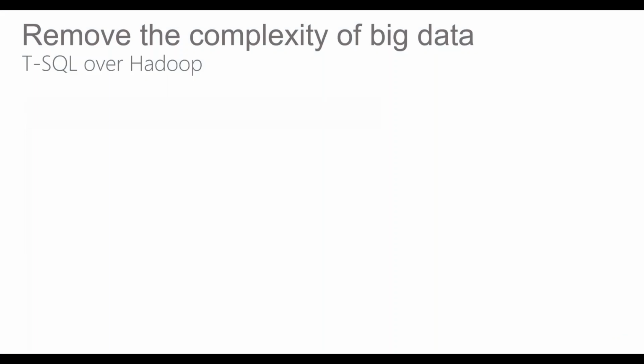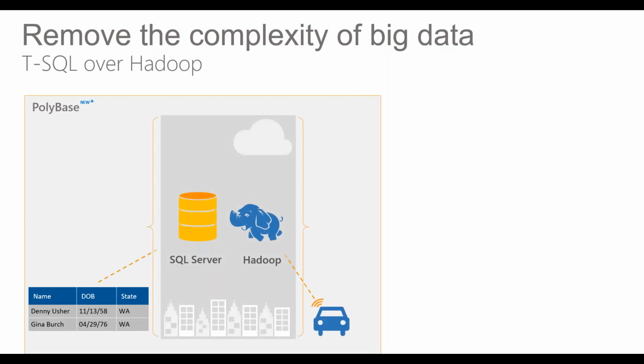The tool to use that is called Polybase. Polybase is a piece of technology that allows SQL Server to read unstructured data and present it back as if it was tabular data.